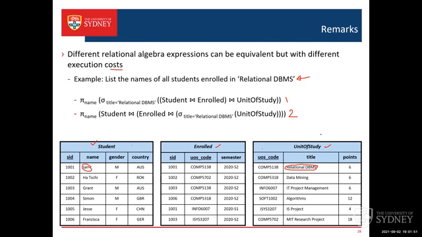Why, right? How many rows do we have in the student table? 6. Enrolled table? 6. Unit of study table? 6. We learned that when we perform a cross, and this is actually a cross, at maximum we can have 6 times 6 times 6. But in the second case, the student table is still 6 and the enrolled table is still 6, but for the unit of study table, first I am doing a projection.